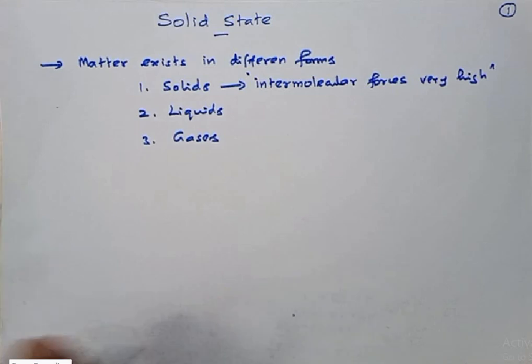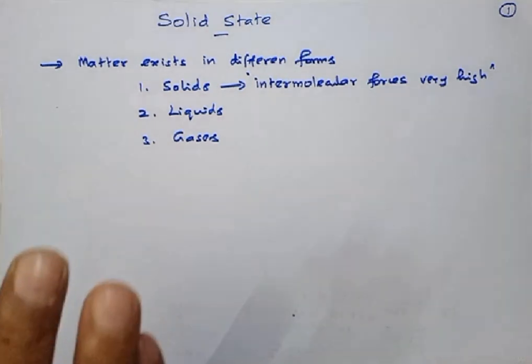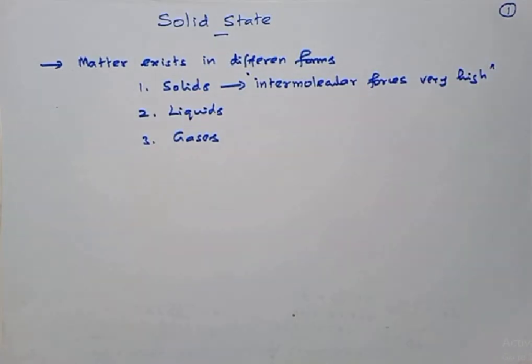Okay, that's why once atoms or molecules or ions combine and form a solid, they get locked in their positions. Each and every atom or each and every molecule gets locked in its position, they cannot move. Some lattice vibration may be there, small vibration may be there, but on average all the atoms or molecules or ions are present in the same position.